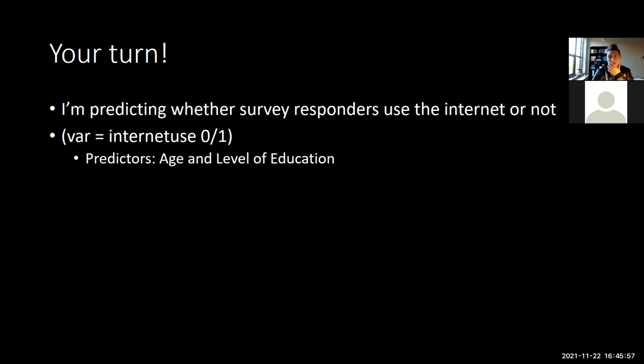Okay. So now I'm going to have you do one all by yourself. Here I am predicting whether survey responders will use the internet or not. This is a survey from around 2005. My predictors here are how old the person is, which ranges from age 18 to about 99, and level of education.